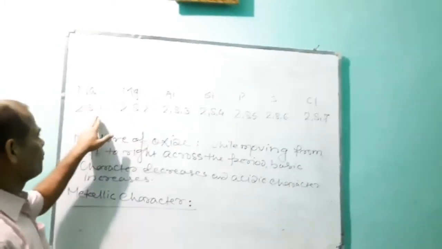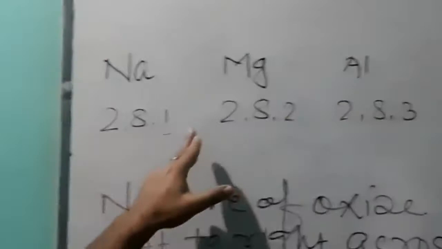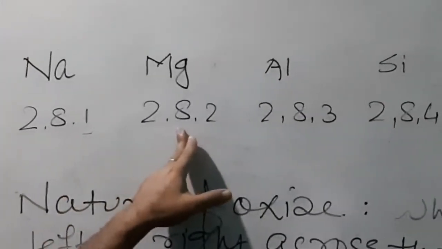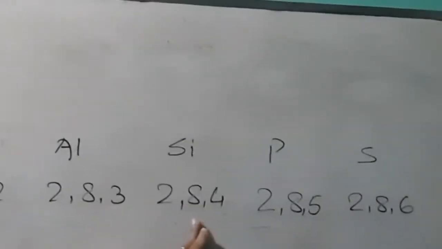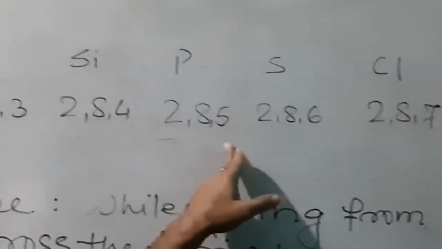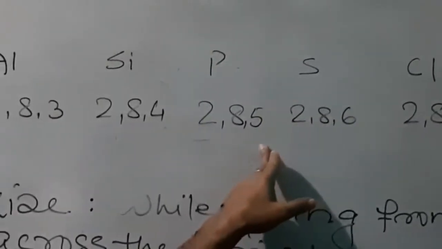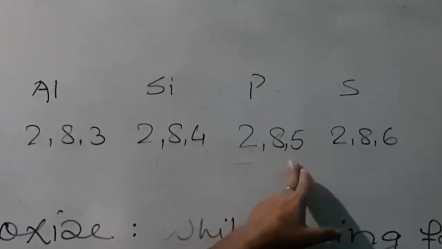So sodium is highly electropositive, highly metallic. Magnesium less, aluminum less still, silicon very less. Phosphorus has almost no tendency to lose, rather it has a tendency to gain electrons.